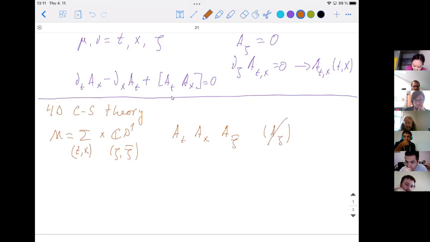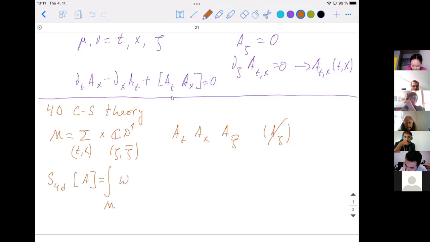Okay, so the four-dimensional action would be constructed as this. This is on a four-dimensional manifold. So we need now this omega.